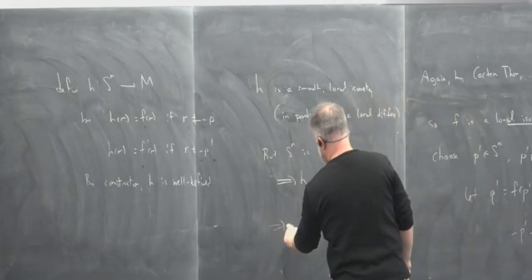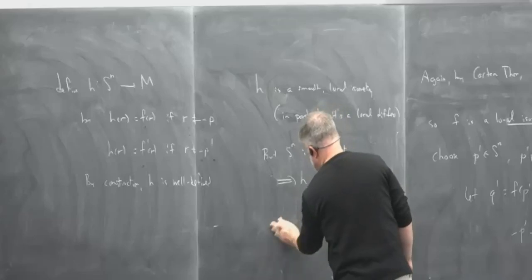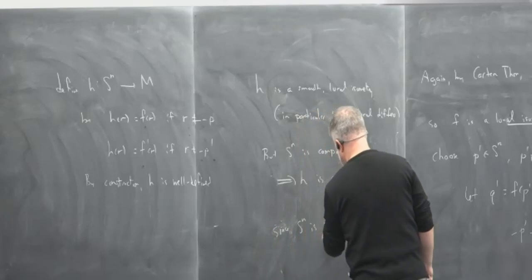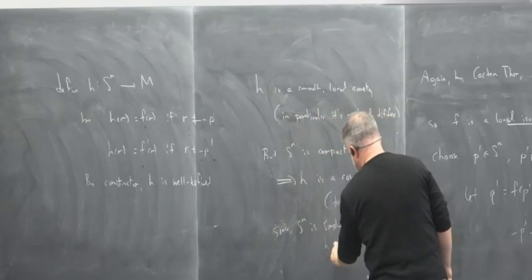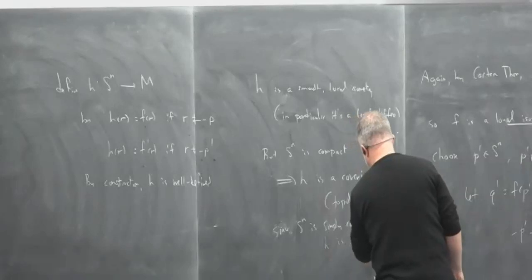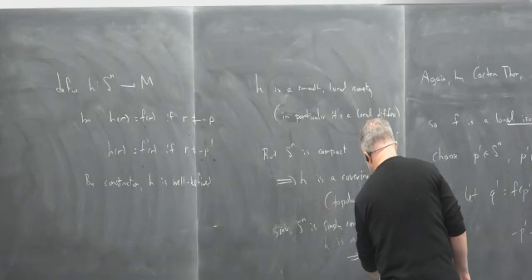And this implies that H, since Sn is simply connected, this implies that H is a diffeomorphism, and that implies that H is an isometry.